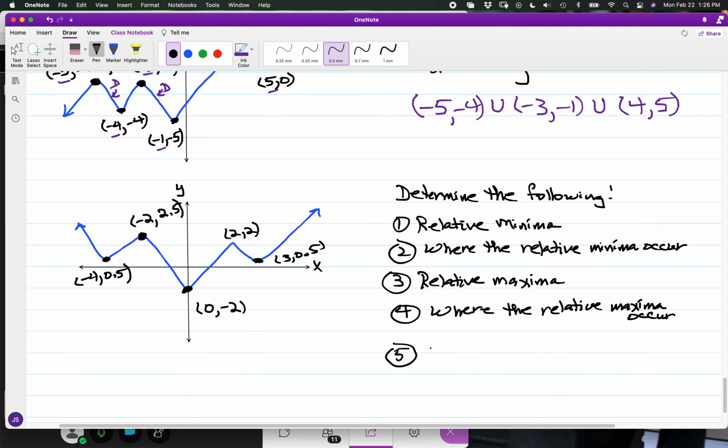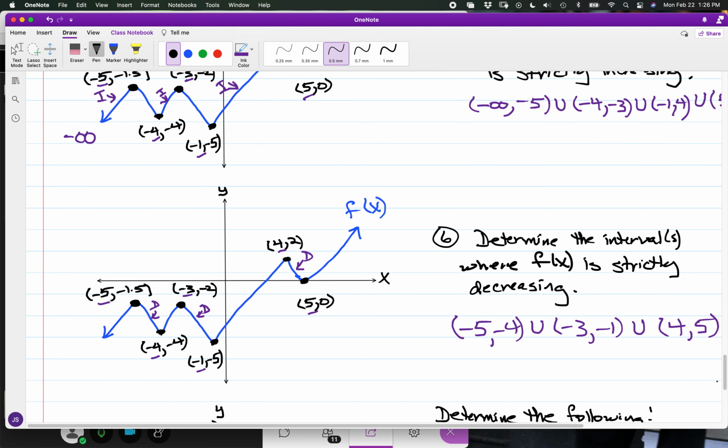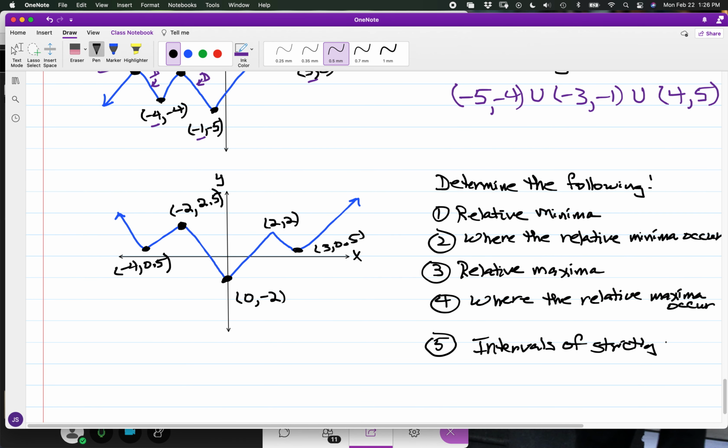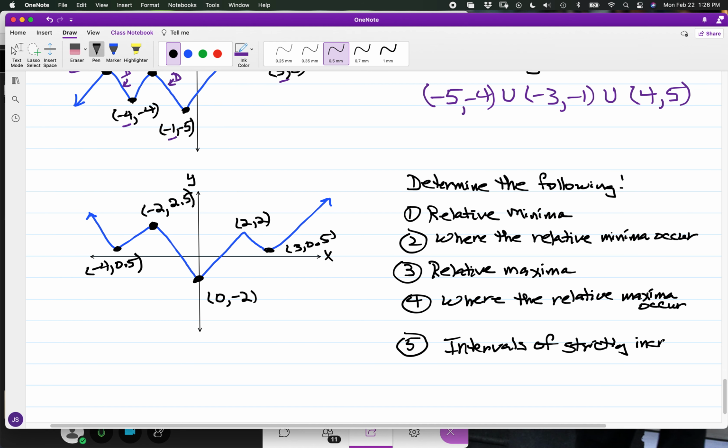Also, we want the intervals of strictly increasing, and also the intervals of strictly decreasing.